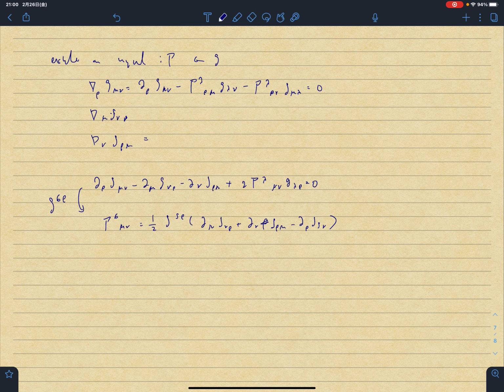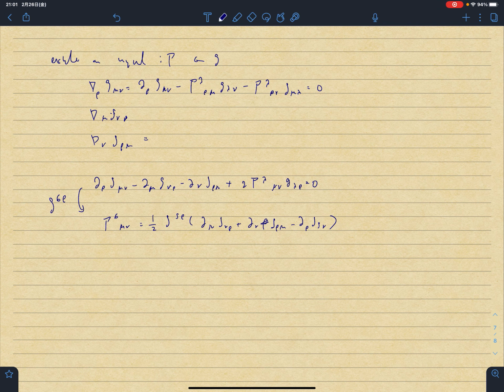This formula is one of the most important ones; commit it to memory. Of course, the correction must be of this form, and you can check that it transforms like a connection. The connection we have derived from the metric is a unique one.